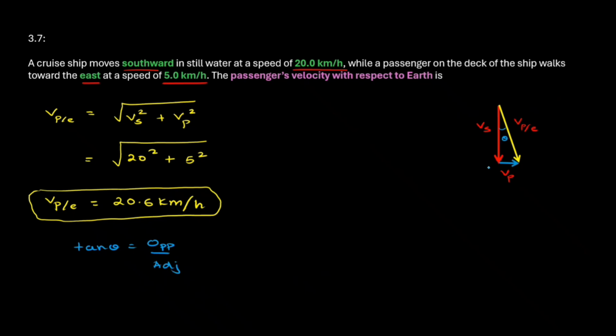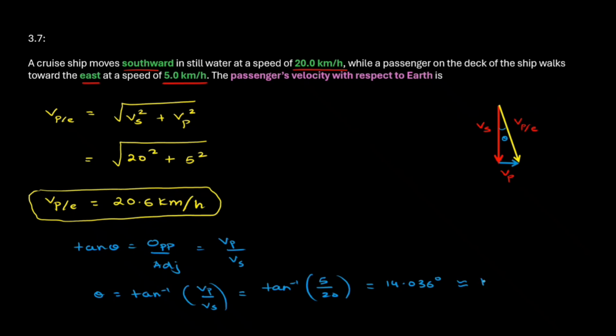And here my opposite side is the velocity vector Vp and adjacent side is Vs. So you can get theta equals tan inverse of Vp over Vs, which is equal to tan inverse of, Vp is 5, Vs is 20. That gives you the angle theta as 14.036 degree, or you can round this off to 14.04 degree.